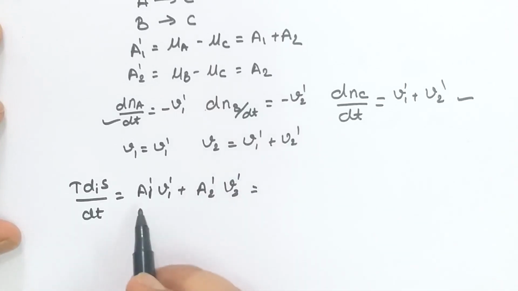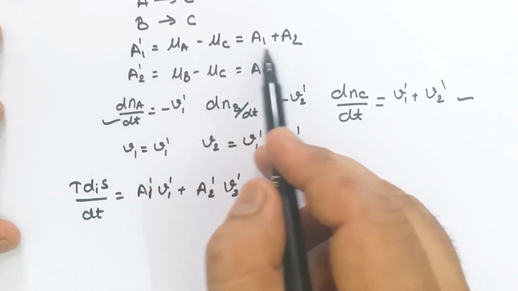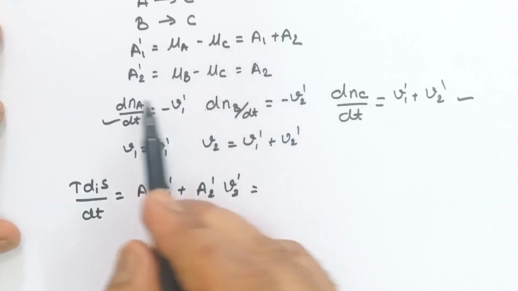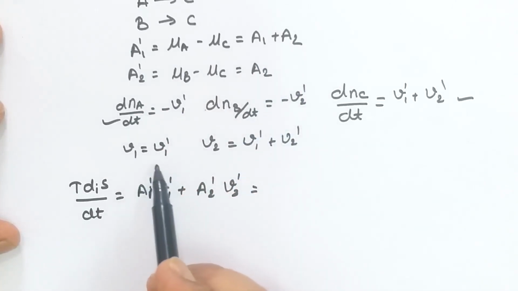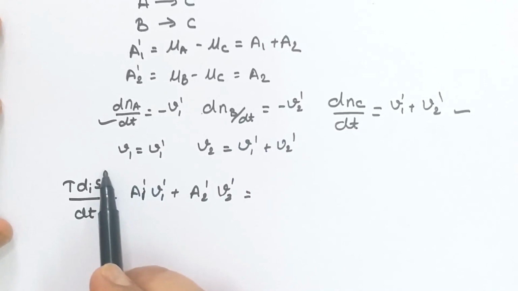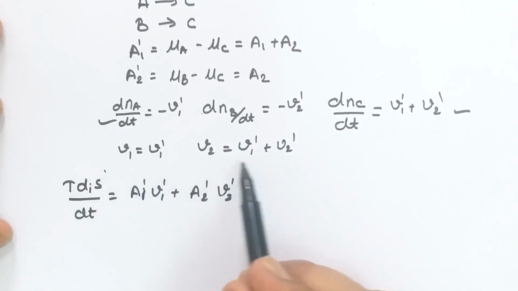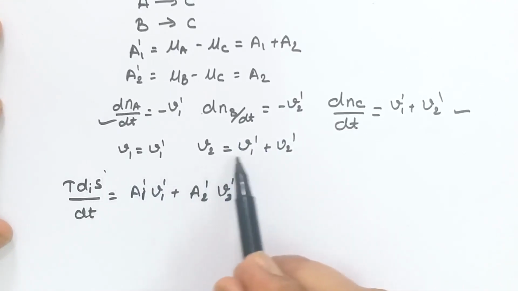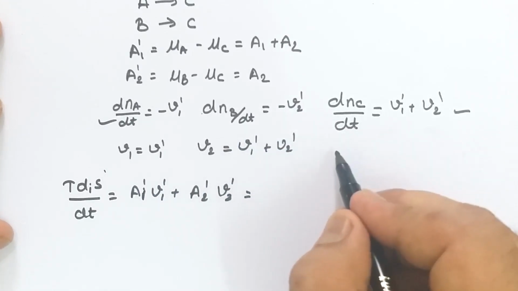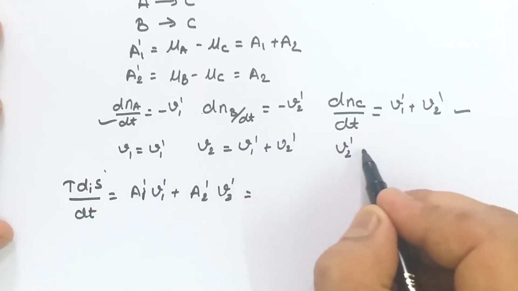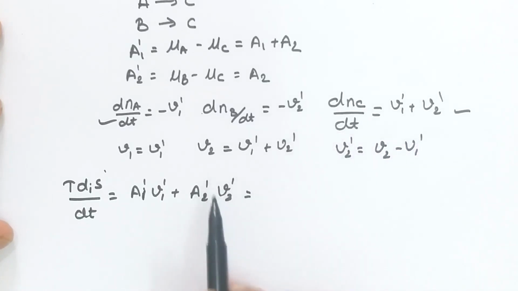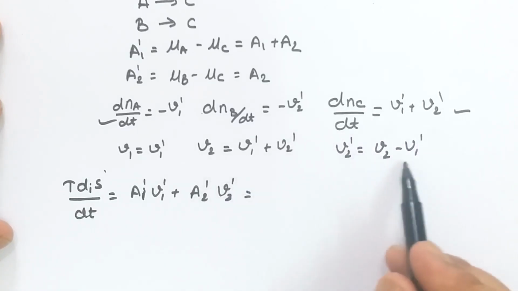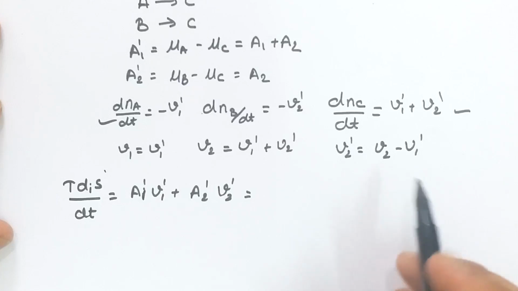Now in this, A1 prime I can substitute as A1 plus A2, in place of A2 prime I can substitute A2, and similarly for nu1 prime I will substitute nu1, and nu2 prime I can rearrange in the form nu2 prime is equal to nu2 minus nu1 prime. So in place of nu2 prime I will substitute this particular term.